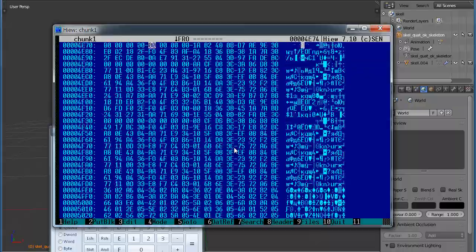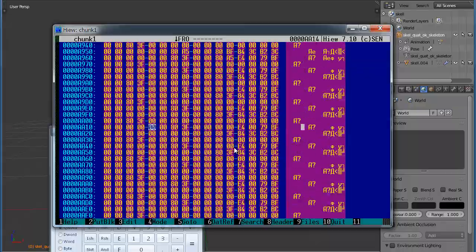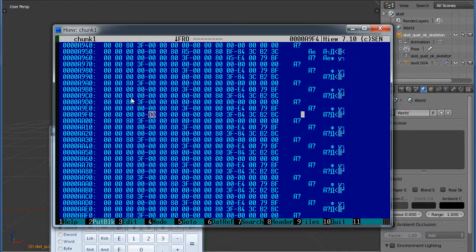So what if we read this table now? These diagonally arranged numbers here tell me that these are probably matrices. They are not quaternions anymore. So this big table, which is very interesting, in this game we can see skeletons built with both rotations from quaternions and from matrices.